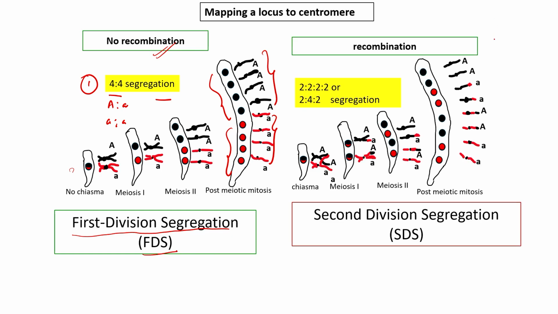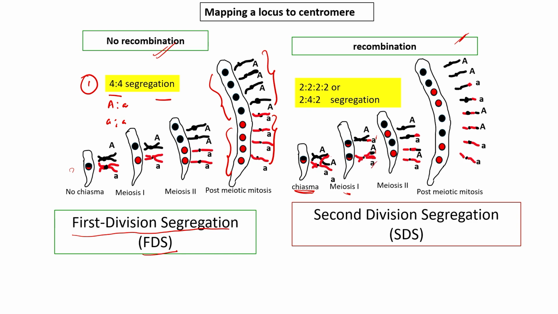Let us look at another possibility where the recombination is taking place. So if the recombination is taking place, you can see the chiasma forming, you see this. If the chiasma is forming, then you can see the fragments are getting exchanged. So in meiosis 1, one sister chromatid is like parental type and another one has the recombination. The same is true for the other homologous chromosome.